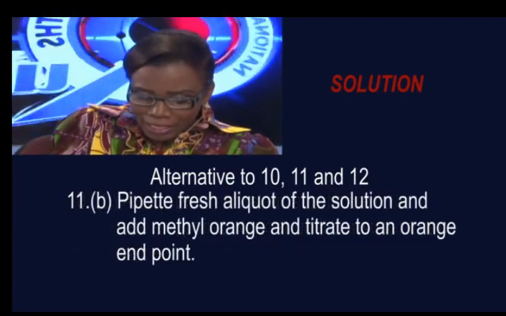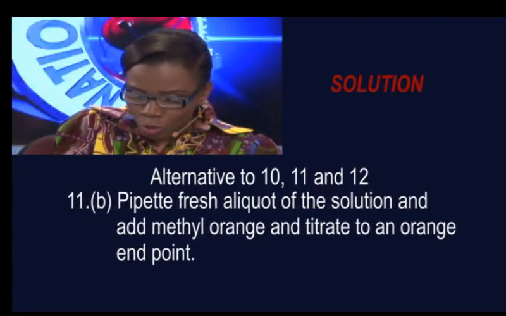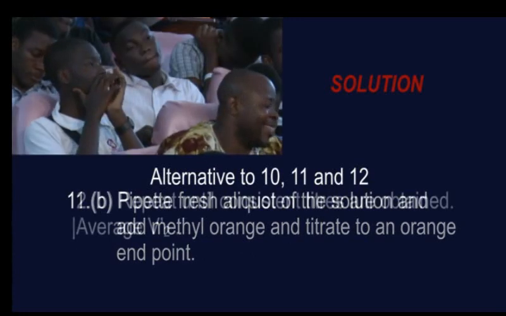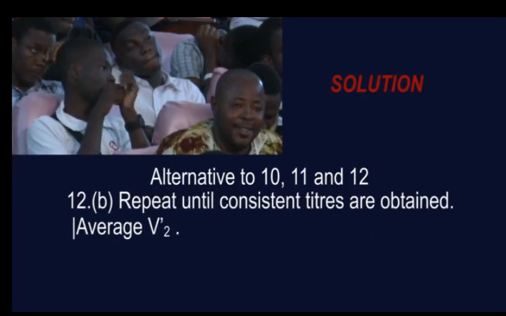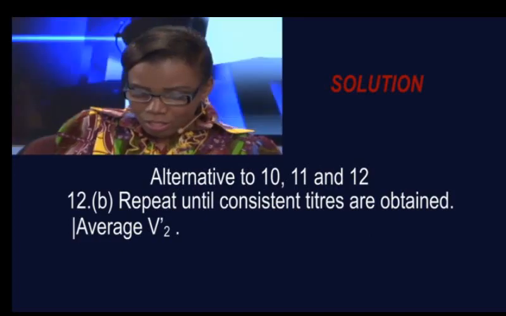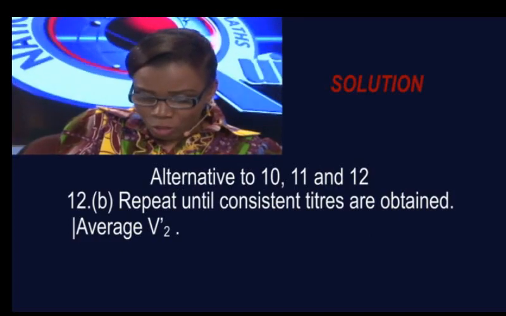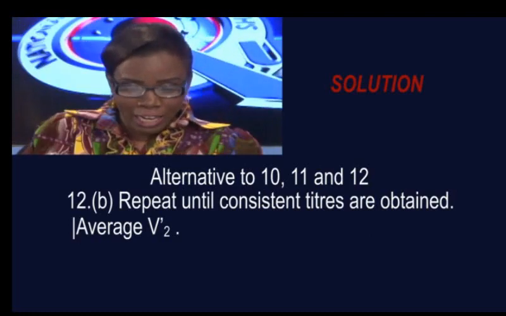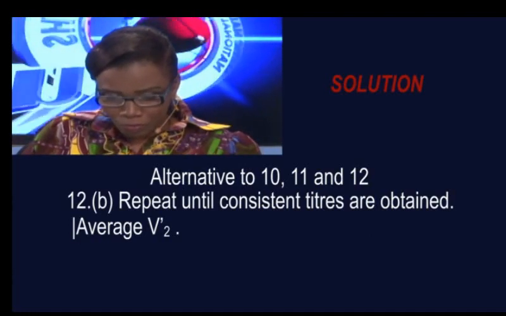Then pipette a fresh aliquot of the solution, add methyl orange and titrate to an orange endpoint. Then you repeat until you get consistent titers for average V2 prime. Then you are ready to go. So you see, you had a choice how to go about it. All right, so this is what was expected for the full 10 points.